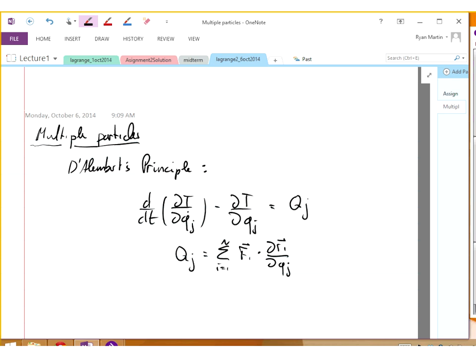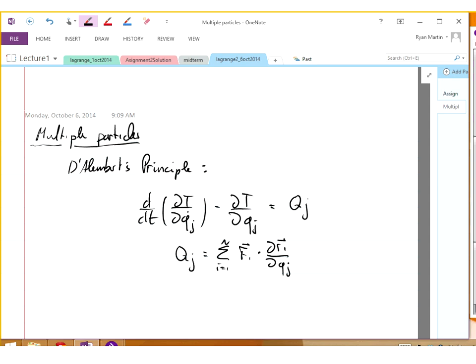Okay? So if you have multiple particles, then you just have multiple kinetic energies, and we already saw in D'Alembert's principle that the T can be the sum of multiple kinetic energies. And similarly, there's no reason why the generalized forces can't come from the sum of generalized potentials.